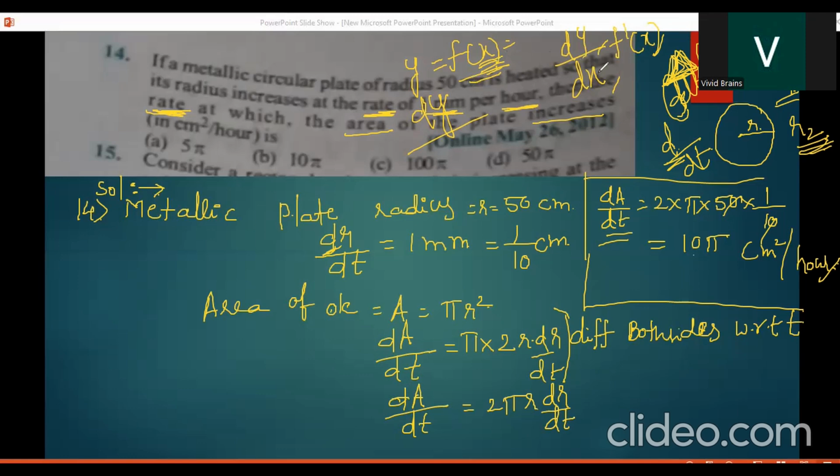Because dy by dx is, we are finding the change in y with respect to the change in x. Okay, change in y is how much with respect to the change in x. A small change in x, how this is going to affect the change in y, that is called dy by dx. Is it clear? Very good.